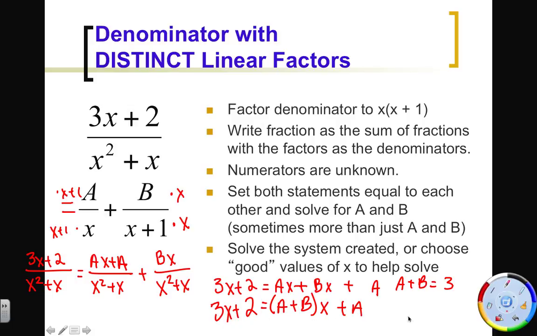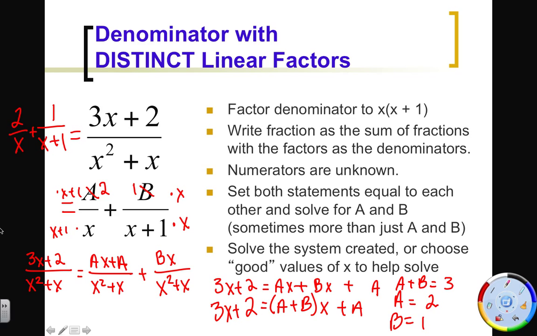And then the other A has to equal 2. That means if A is 2, then B is 1, because I can just do substitution. So back here, this A was 2 and this B was 1. So it was actually 2 over x plus 1 over x plus 1.